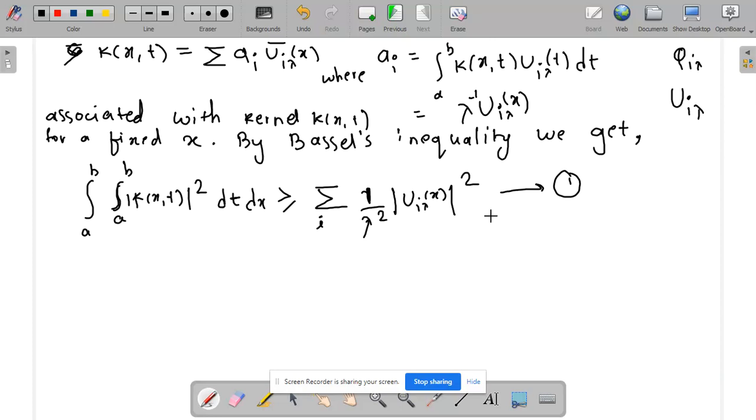But if you observe, because of the uniform convergence, we will be able to shift the integral and summation sign. So this will be nothing but the integral of this.